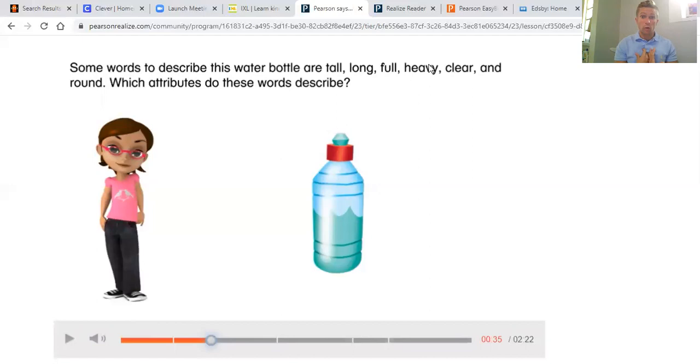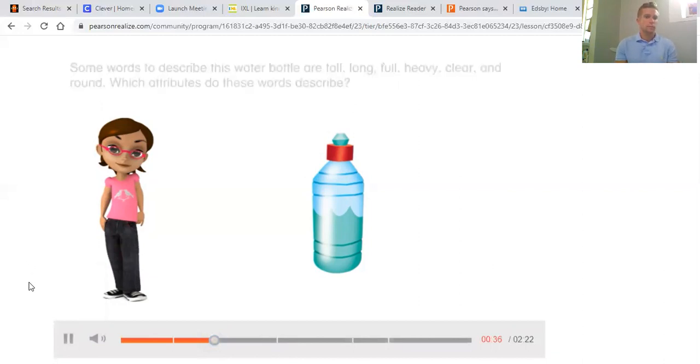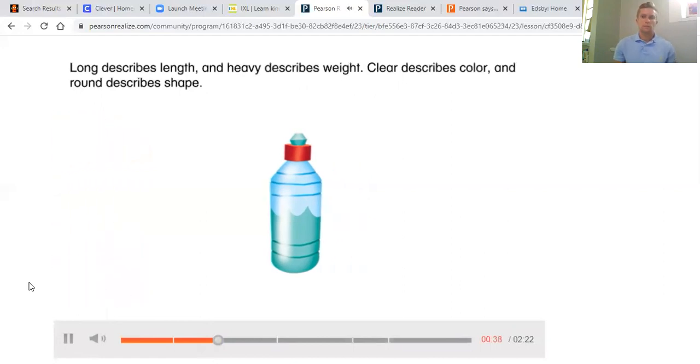Now, I said blue because it looks blue to me if you're looking at the screen. But if you were looking at a real water bottle, what color is a real water bottle? Well, they said clear. Clear is the color. That's the attribute. So let's see what they say. Long describes length, and heavy describes weight. Clear describes color, and round describes shape.